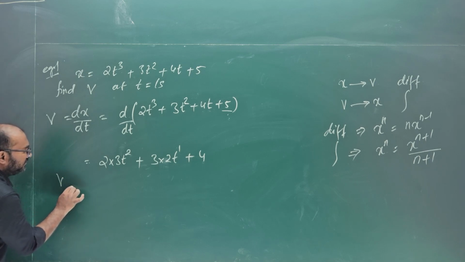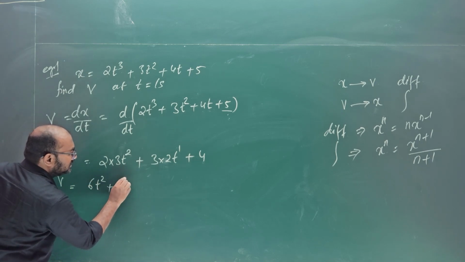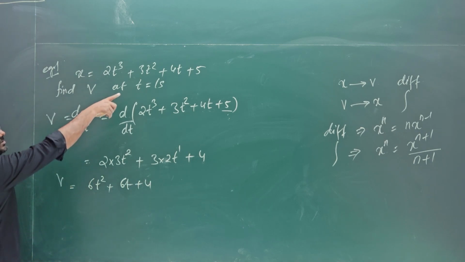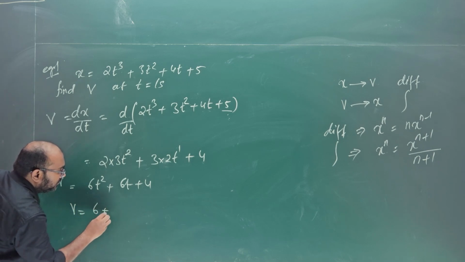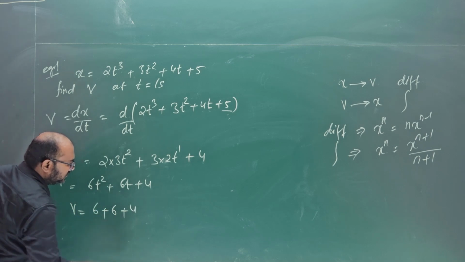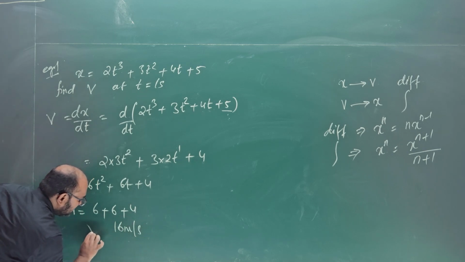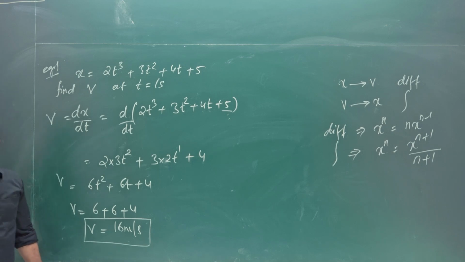Now you will have v equals 3t square plus 3t plus 4. Substituting t equals 1 second, v equals 6 into 1, 6 plus 6 plus 4, 16 meters per second. This is how we do it when displacement is given and they ask velocity.